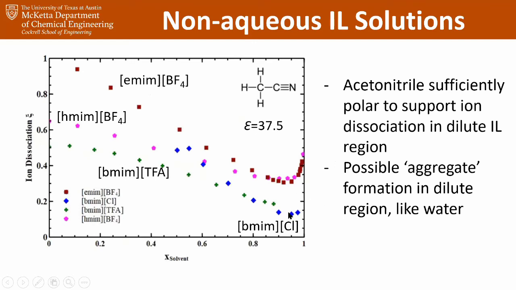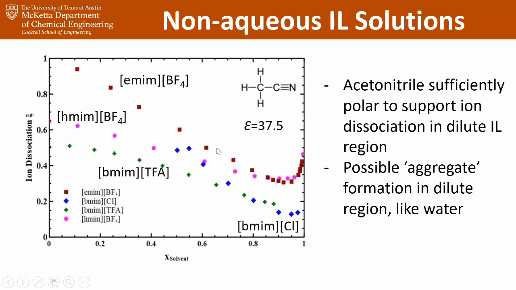Here is a higher dielectric solvent. We've got acetonitrile here, and it is sufficiently polar to be able to support ion dissociation in the dilute IL region. And you can see this by the increasing ion dissociation as you go to infinite dilution.